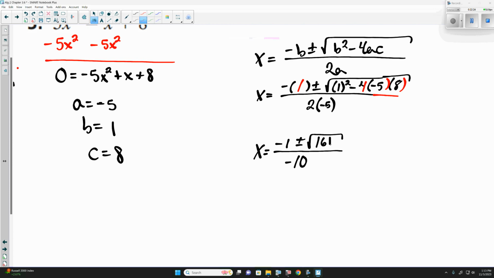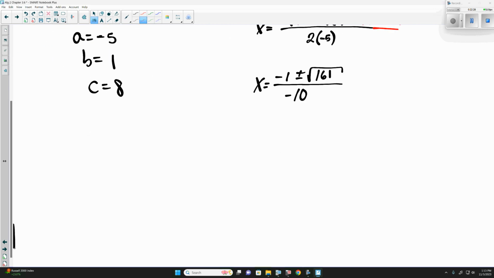We do have this here. There is one simplification that we need to do, and it involves this negative with the 10. What we're going to do is move it to the numerator and apply it to everything on top of the fraction.